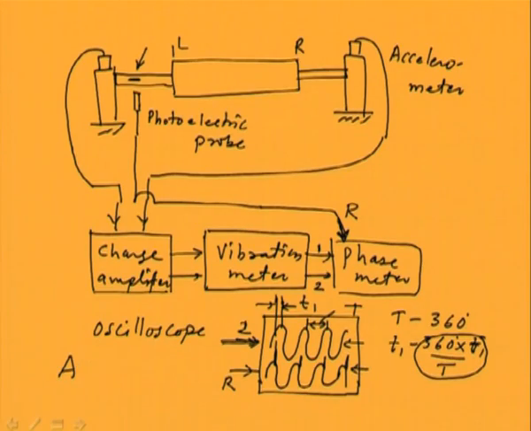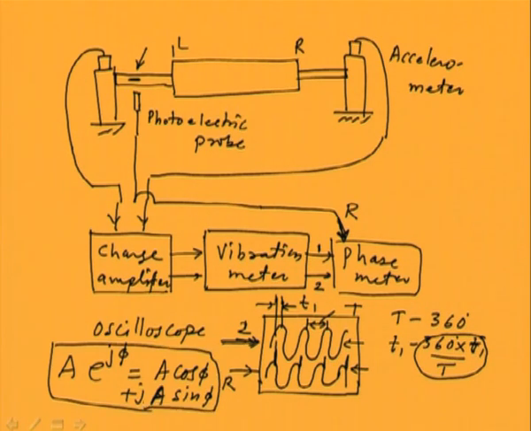So, we can express the quantity in a vector form like this: if we have amplitude A and phase phi, this will be A cos phi plus j A sin phi. Okay. So, like this we can express the quantity in a complex form.